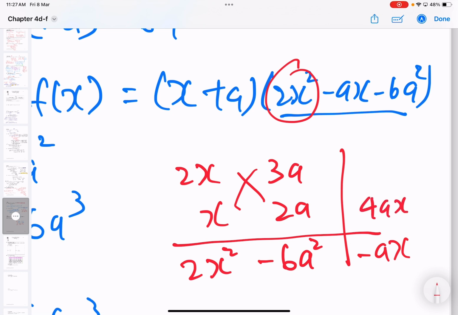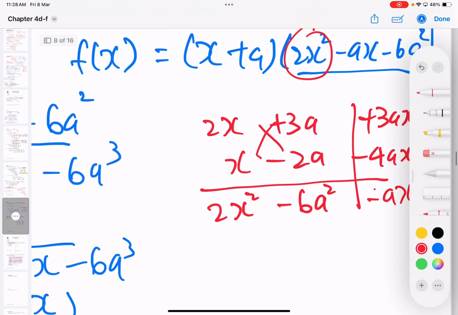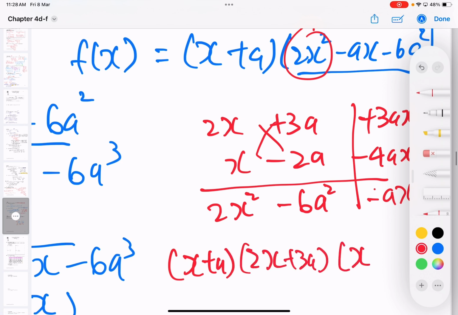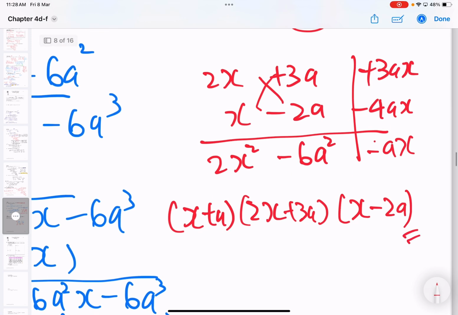This is 4ax, this is 3ax. How do I get negative? If this is negative, this is positive. So here must be negative, this is positive. So therefore, my final factorized form is x plus a, 2x plus 3a, x minus 2a. Boom, did it blow your mind? Okay, I'm going to end here.